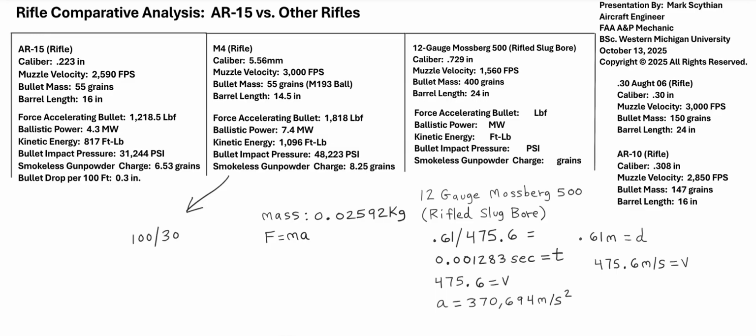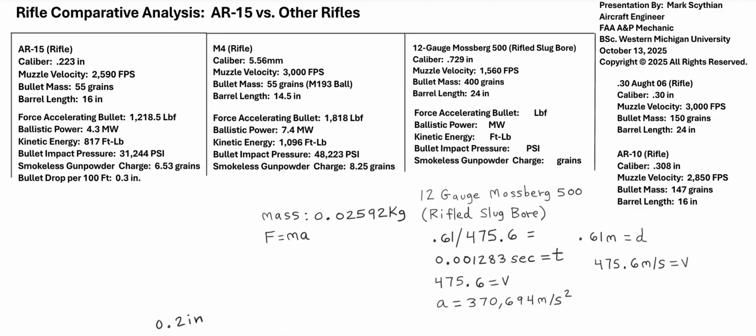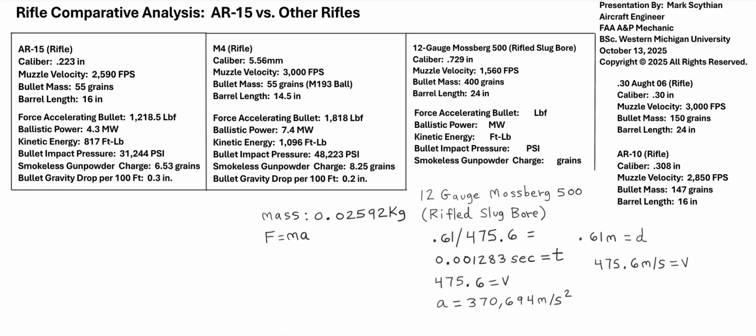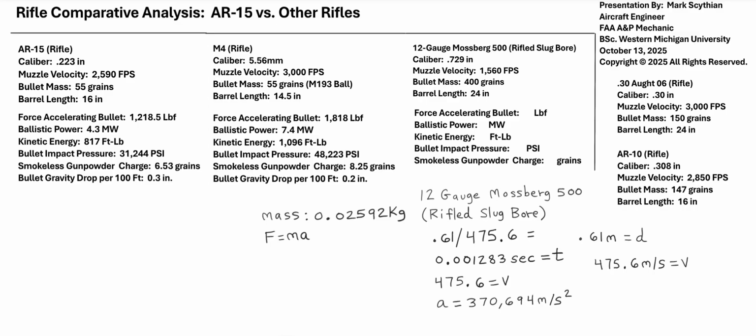So I missed one on the first AR-15, so I didn't get the drop in there, so let me correct that one. So 1/2 G T squared, so we know the round will drop over a 100-foot distance 0.2 inches, so we'll put that one in there. 0.28 inches, so actually let me go back there a little bit.